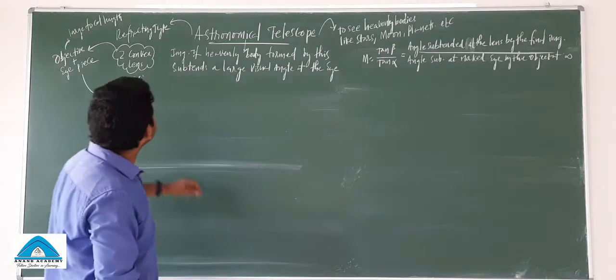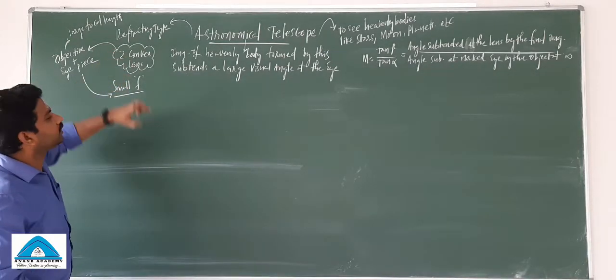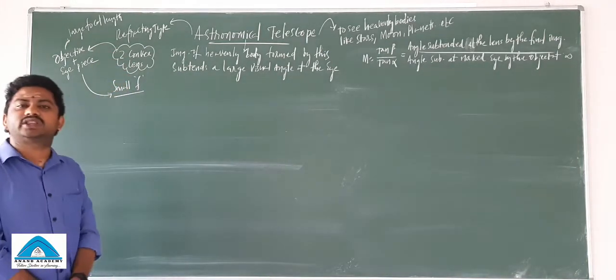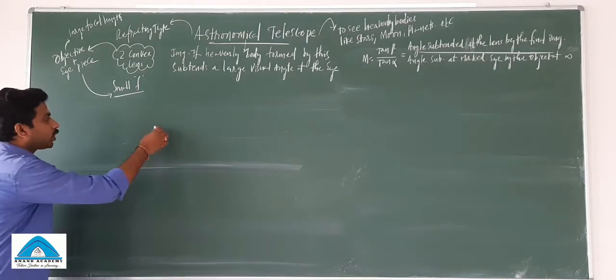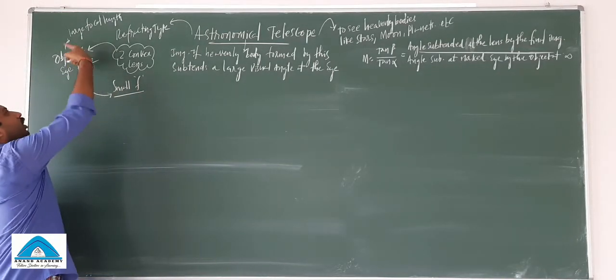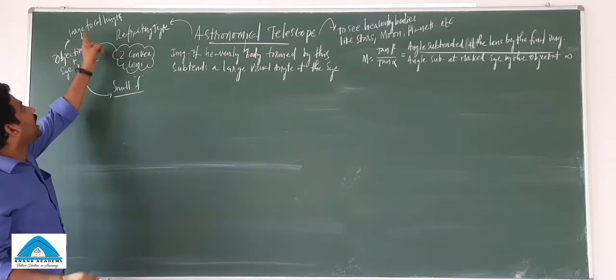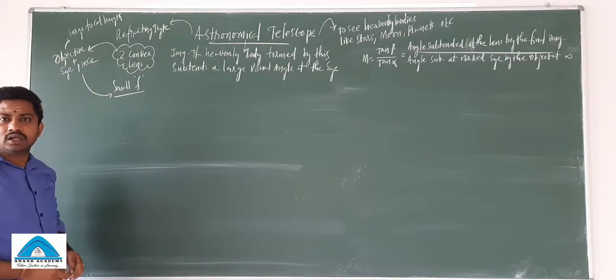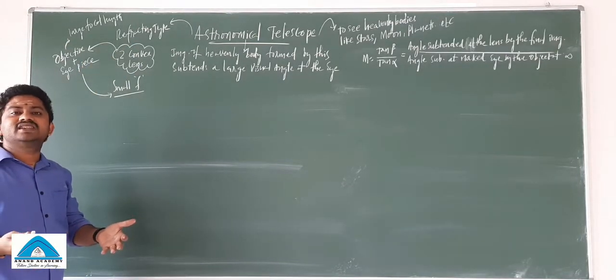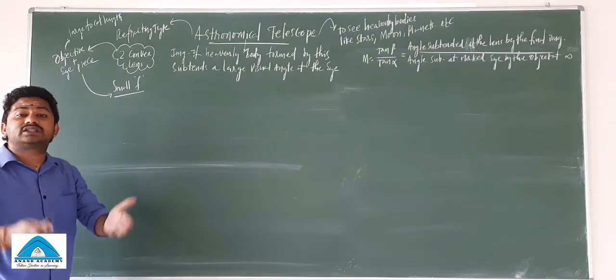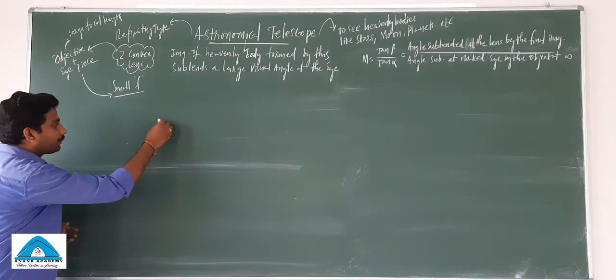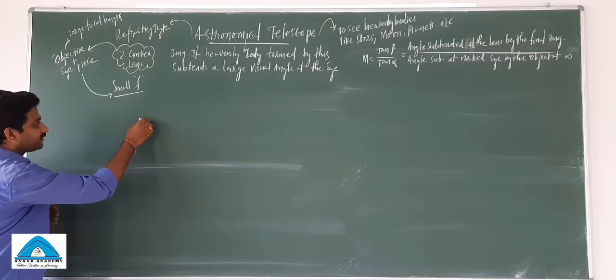What we have discussed already, the system will have two convex lenses, and we draw both of them. The first one is the objective lens having a large focal length, right? Large focal length is nothing but the large aperture. Look at this interesting part.